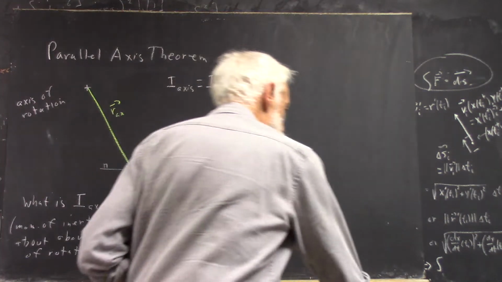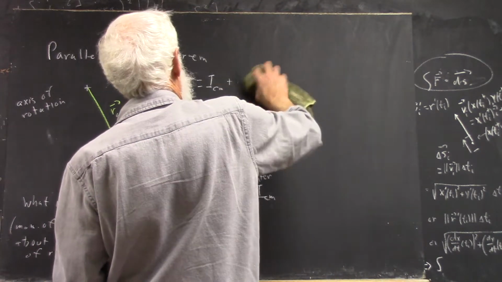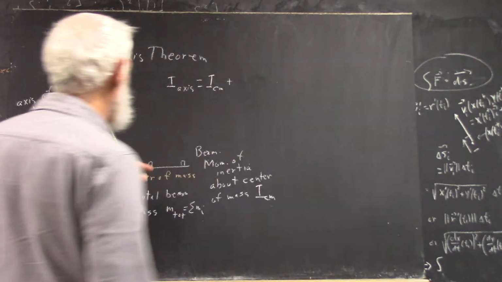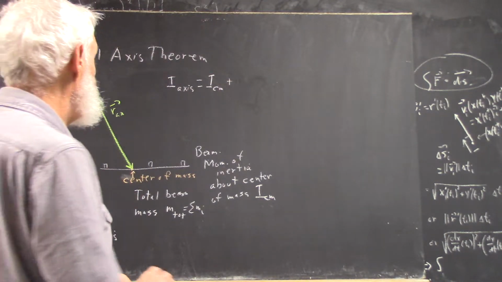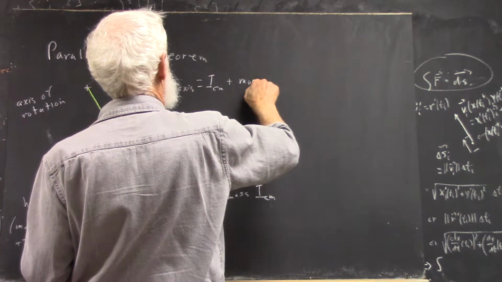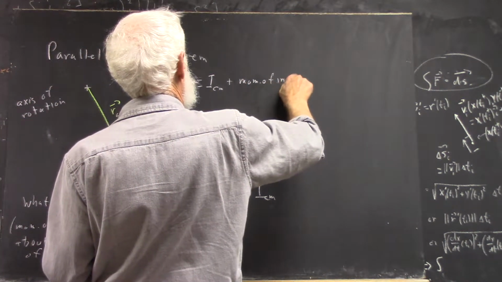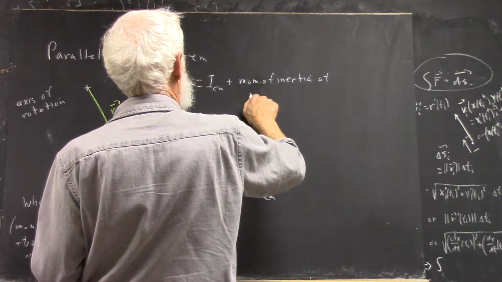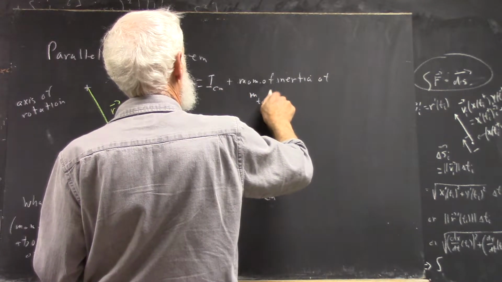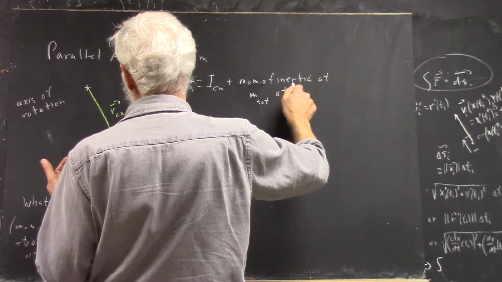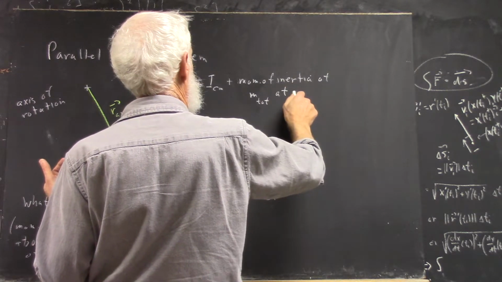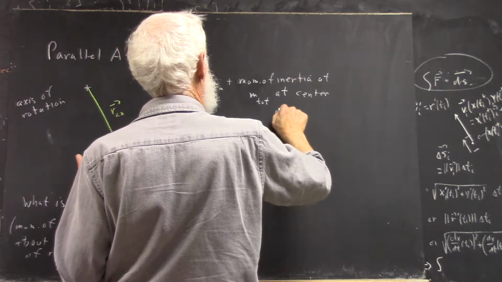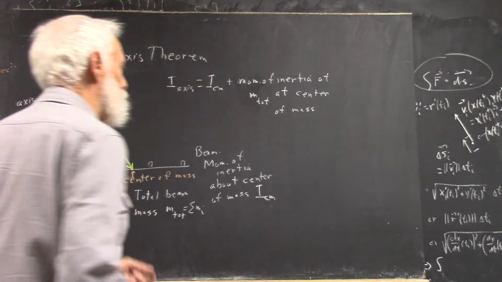So I'm just going to write it out in words, and we can worry about the rest of it later, because we want to get the concept anyway, okay? So moment of inertia about the center of mass plus this.